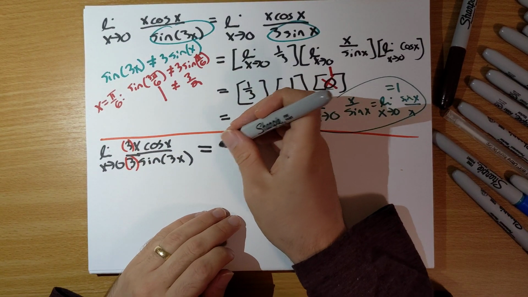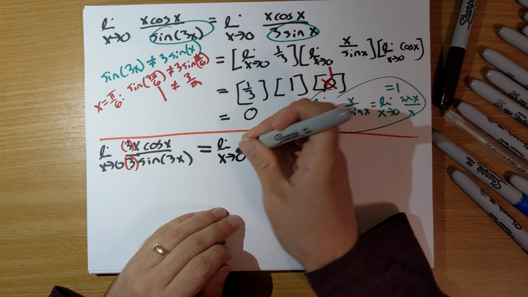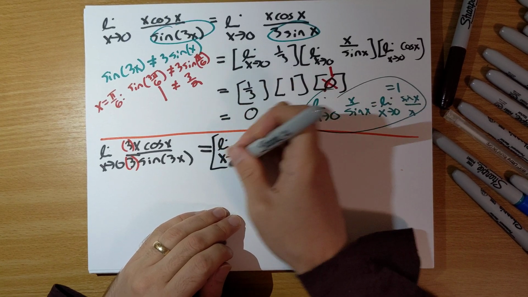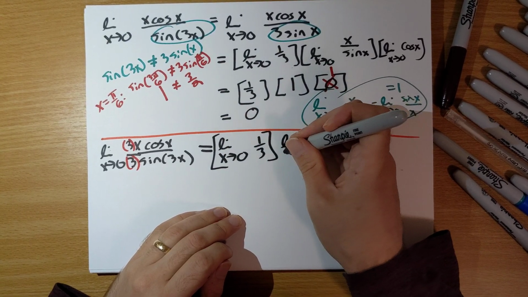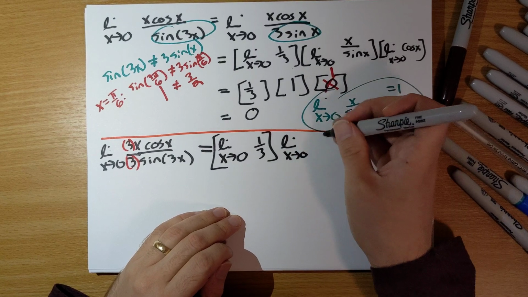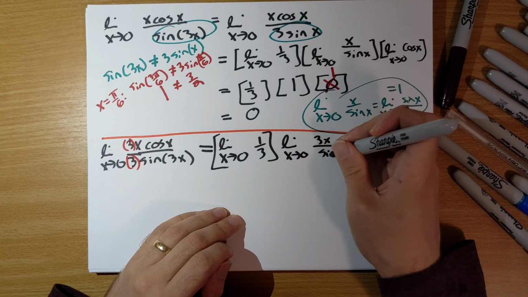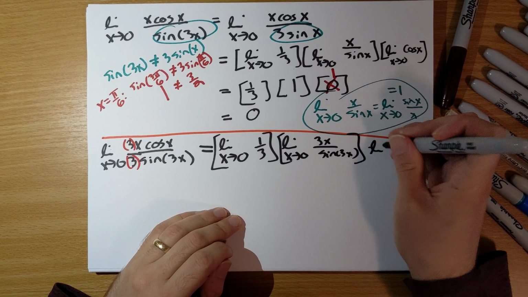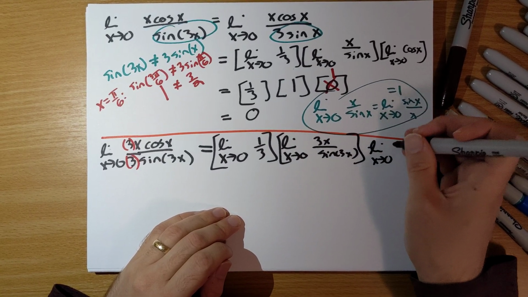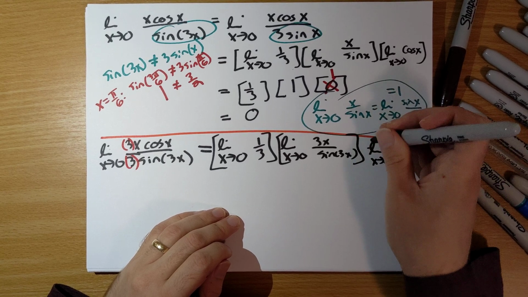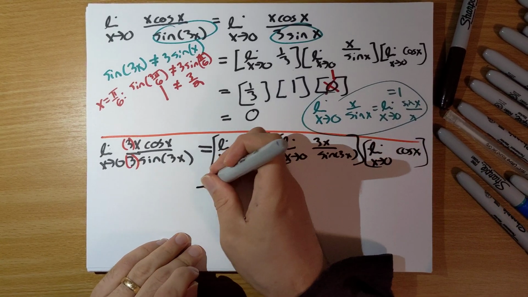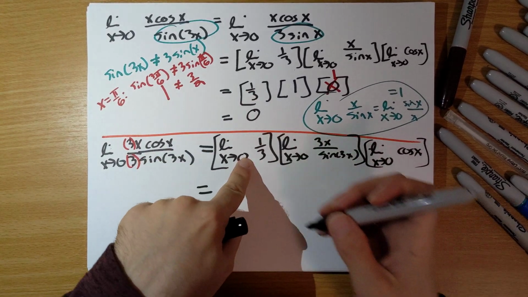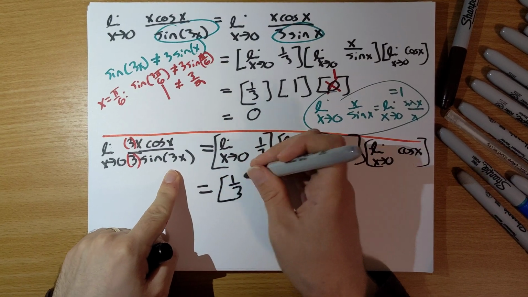I'm going to break it up as the limit as x goes to 0 of 1/3 times the limit as x goes to 0 of 3x over sine of 3x times the limit as x goes to 0 of cosine x. And so now this limit here is 1/3.